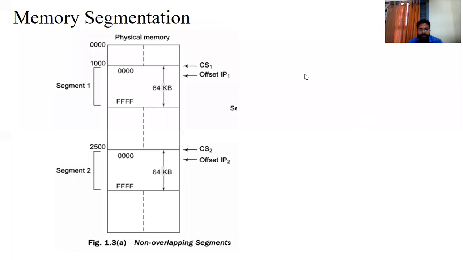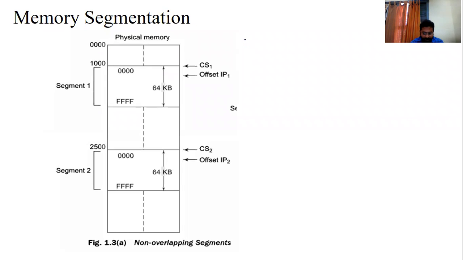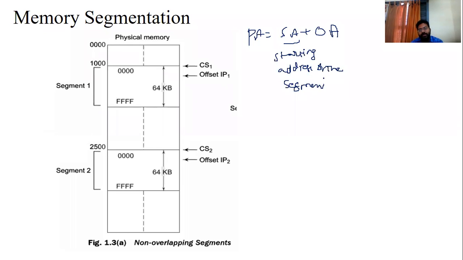Now see this, out of these 16 segments, as I said, the physical address is the segment address plus the offset address. The segment address will identify the starting address of the segments. What about the offset address? It will identify the memory locations in the segments.